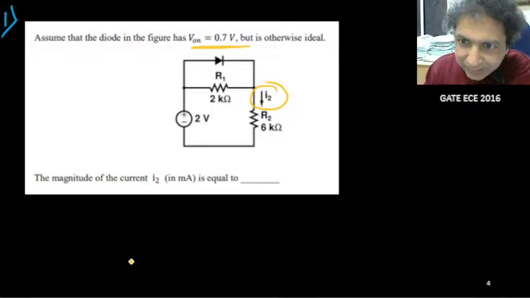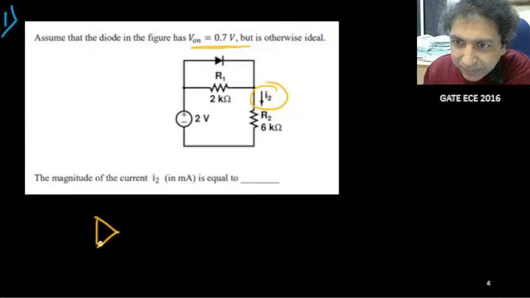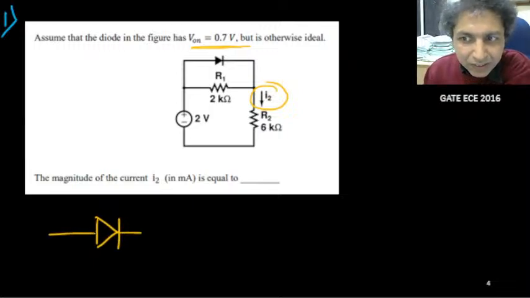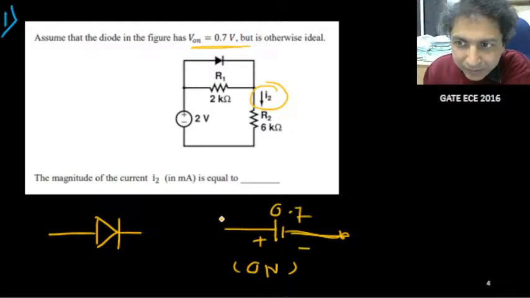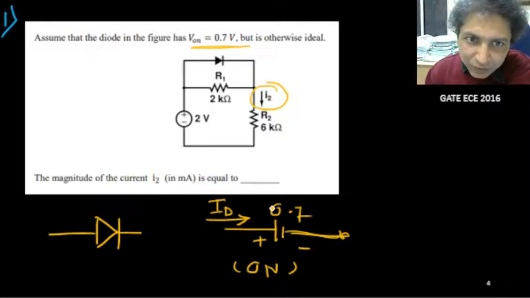I have said that if this is a practical diode, then when it is in the on condition, it could be replaced by one potential drop, and that potential is only 0.7 volt. That is fine, but we need to find out the current flowing through this diode, ID, and that is positive from P to N. That you have to make sure.